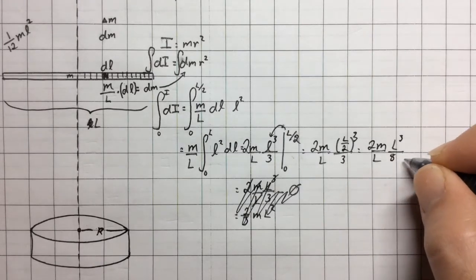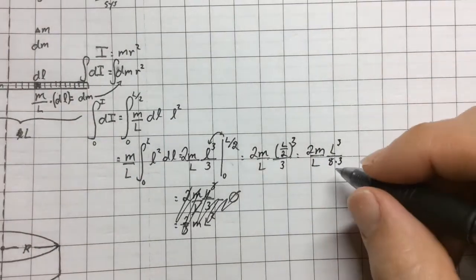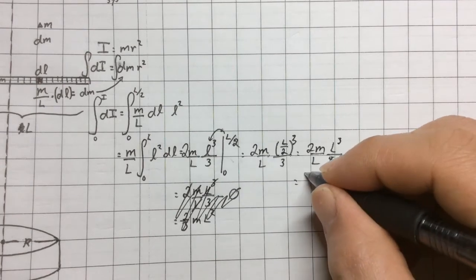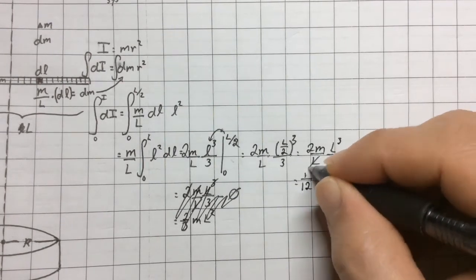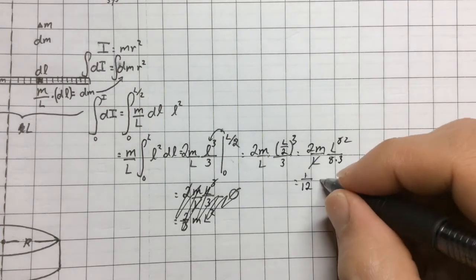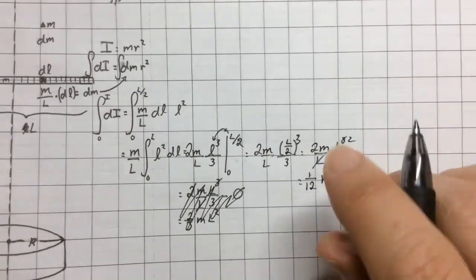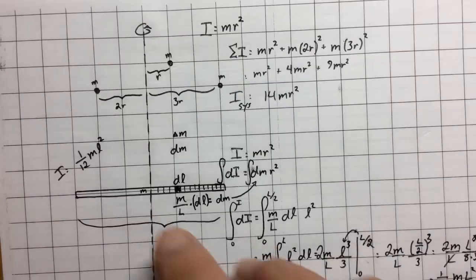I've got 8, times 3 right there. Let's see what happens here. 2 and 8 becomes a fourth. So 1/4 times 1/3 is going to be 12. L's cancel out, and I've got ml squared. Look at that. Okay, that was a little screw up there. Sorry about that. But we did get 1/12 ml squared.